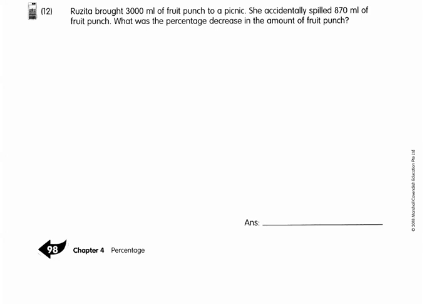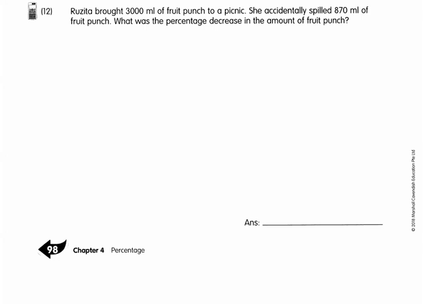Rosita bought 3,000 milliliters of fruit punch to a picnic. Alright? 3,000 milliliters. Convert to liters, Colin Chi. 3 liters, you must be able to convert your volume. Okay, 1,000 ml is 1 liter, so you divide by 1,000. She accidentally spilled 870 ml of fruit punch.